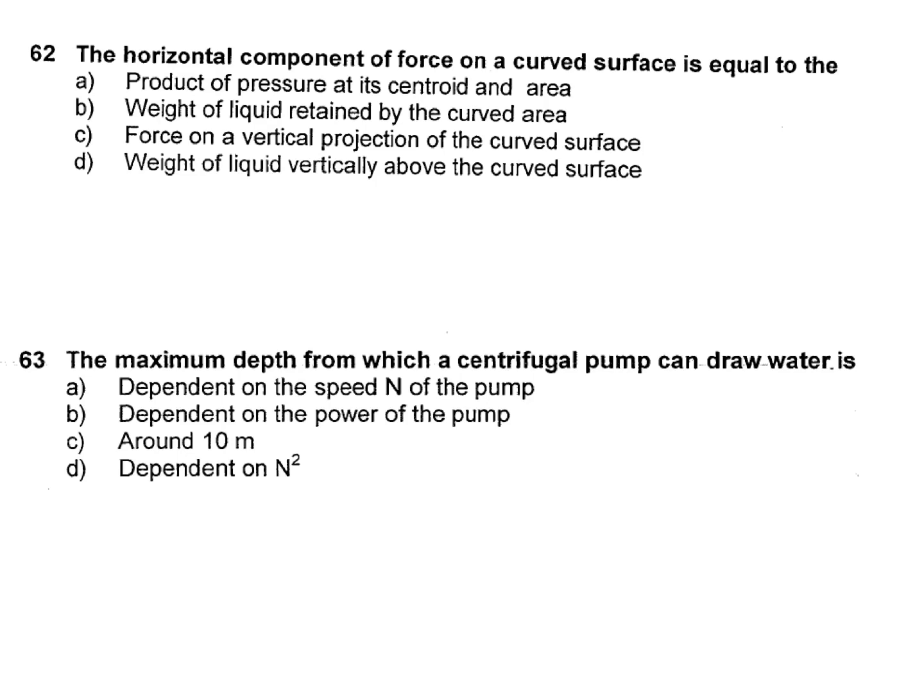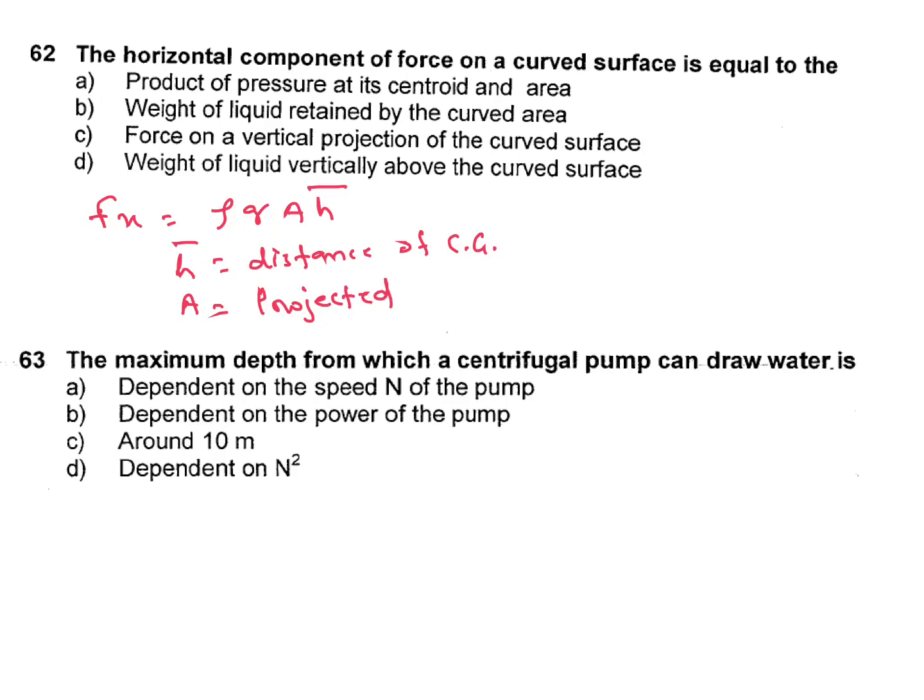So, horizontal force Fx is rho g A h bar. h bar is the distance of CG. A is the projected vertical area.